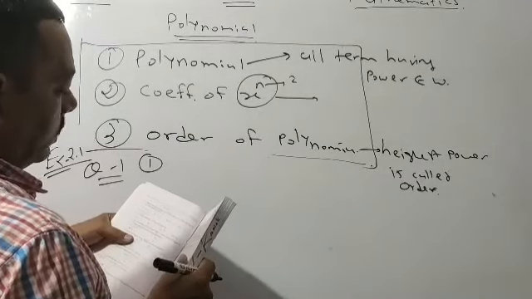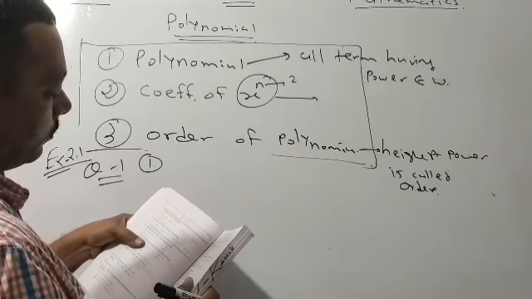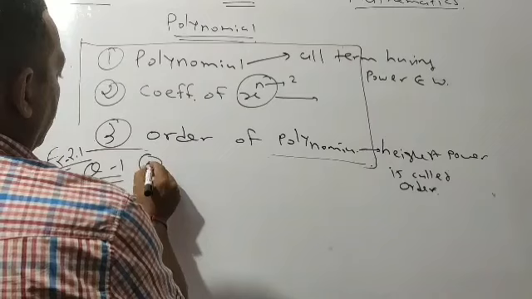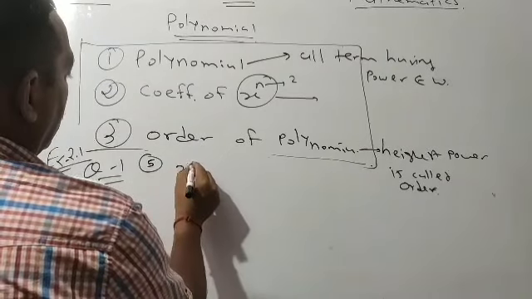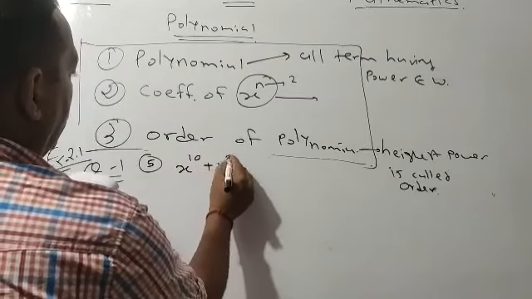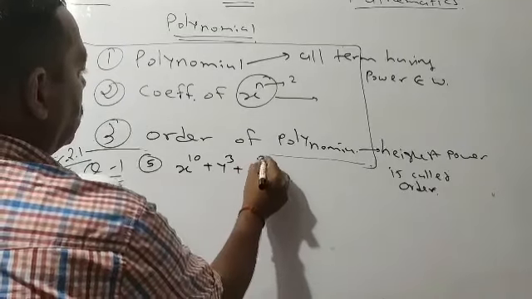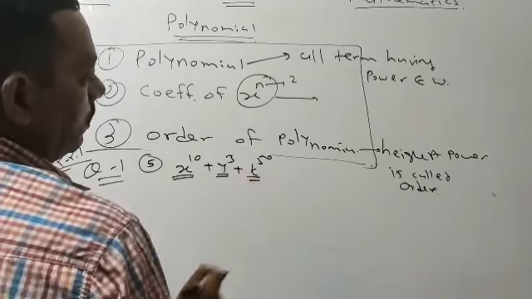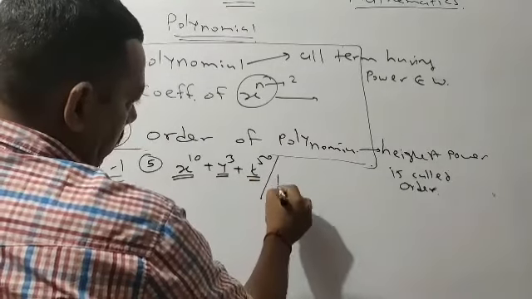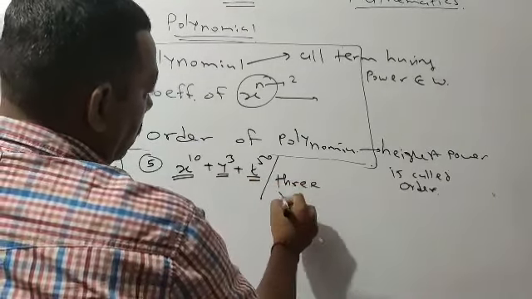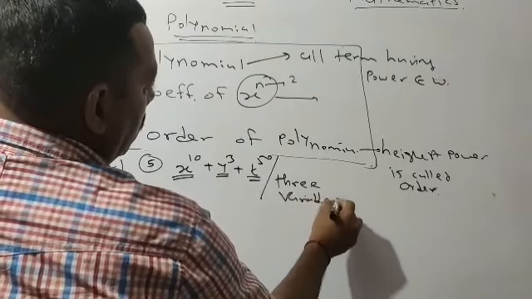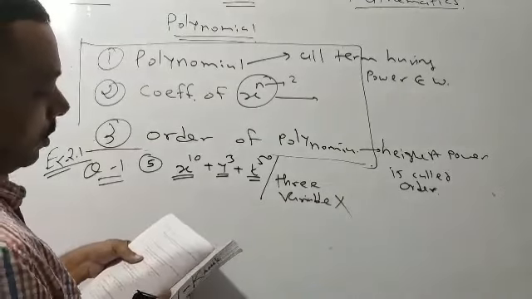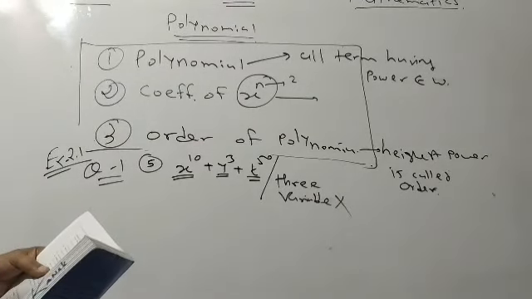By first sight we can say that only sub question 5 has x raised to 10, y raised to 3 and t raised to 50. So x is one variable, y is another variable, t is another variable. So this contains 3 variables. Hence, as per the required question, this is not a polynomial in one variable.